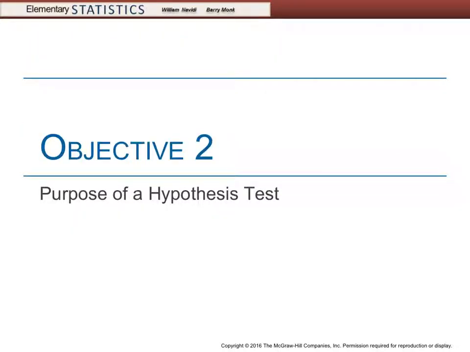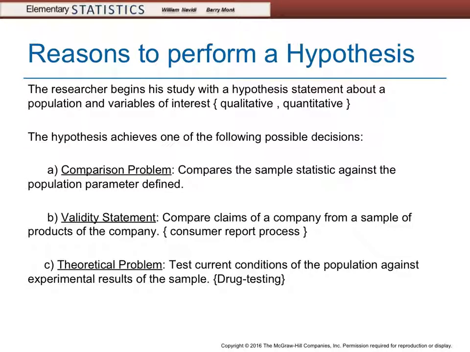So now we want to state why we do hypothesis tests. The researcher begins his study with a hypothesis statement about the population and the variables of interest. Remember, the variables that we could have are either qualitative or quantitative variables. The hypothesis achieves one of the following possible decisions: a comparison problem, which compares the sample statistic against the population parameter defined.